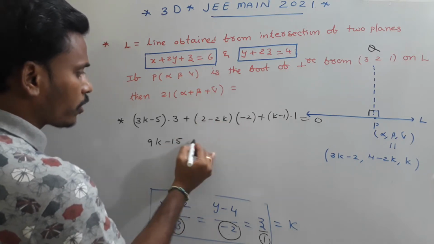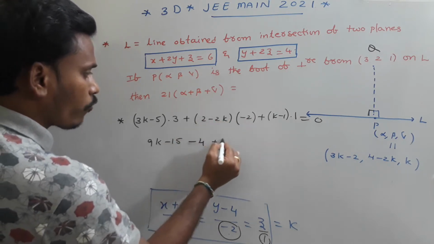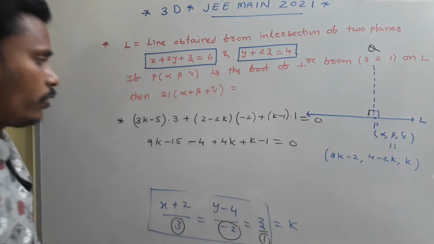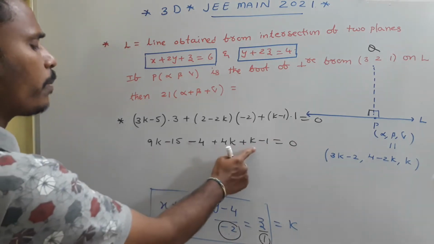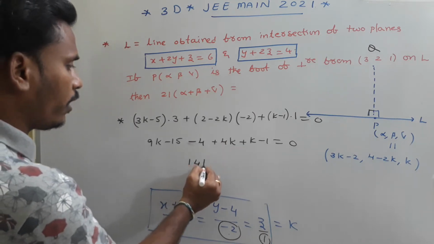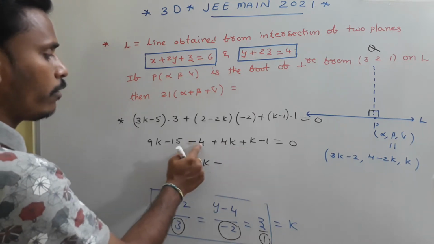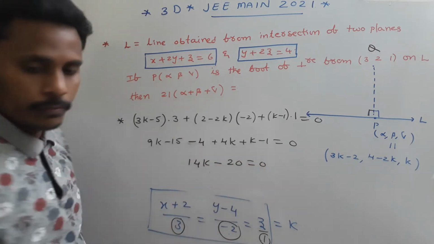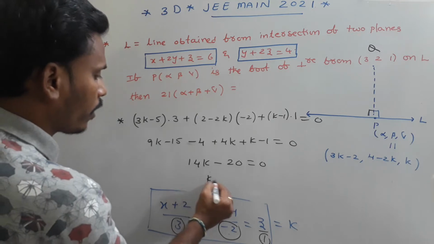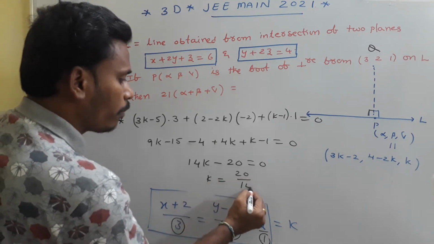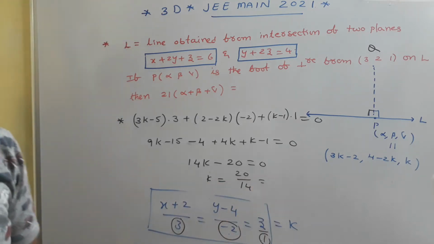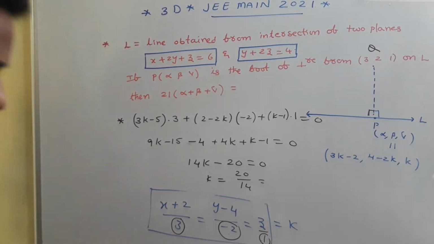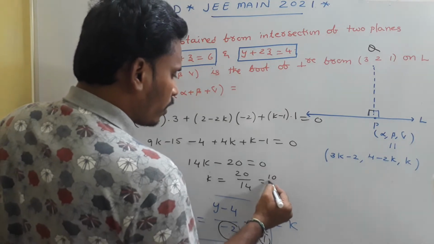See, 2 into minus 2 is minus 4, and minus of minus is plus 4k, plus k minus 1 is equal to 0. 9k plus k is 10k, and 4k, 14k, minus 15 minus 4 minus 1, minus 20 is equal to 0. So what will be the value of k? k is equal to 20 by 14, right?